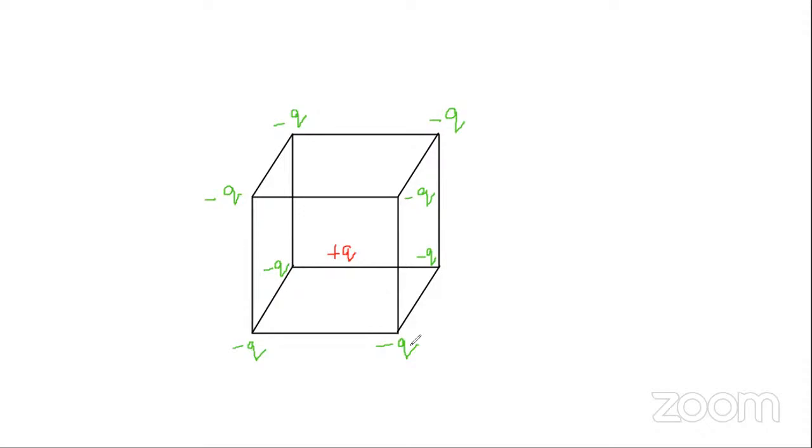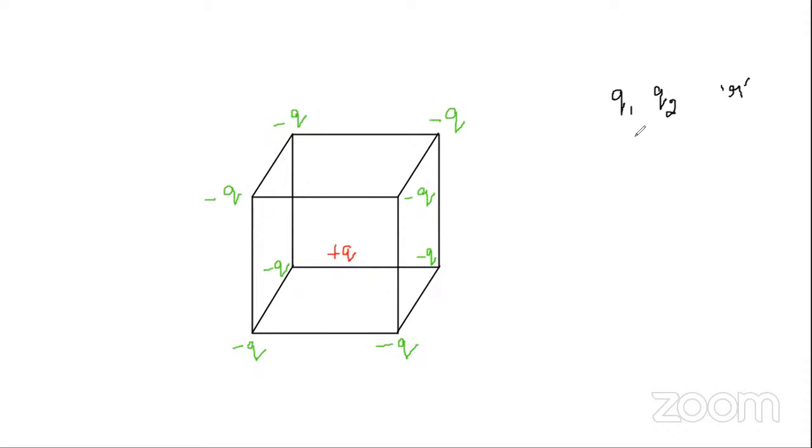So before proceeding further, let me ask you a question. If there are 2 charges q1 and q2 separated by a distance small r, can you tell me what is the equation for finding out the electrostatic potential energy of these charges?